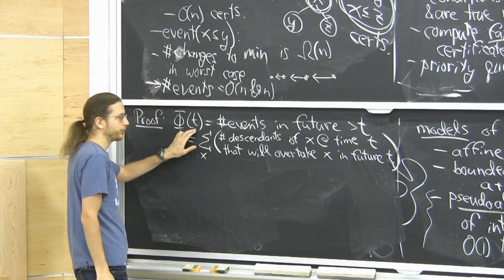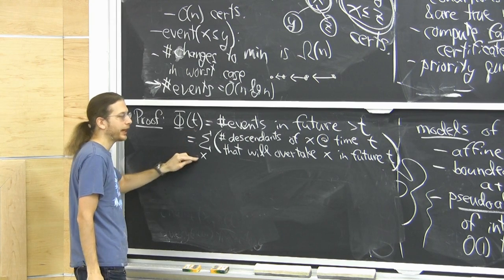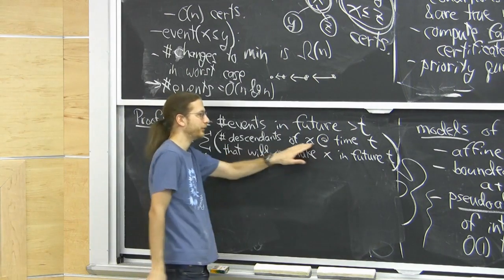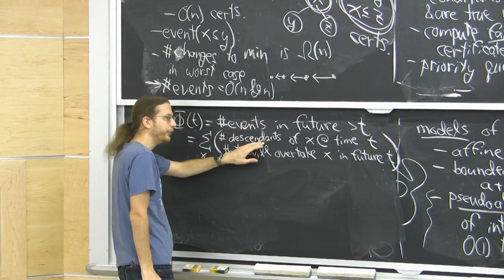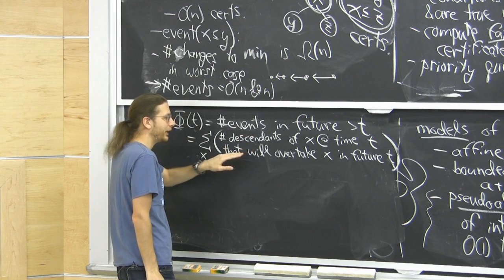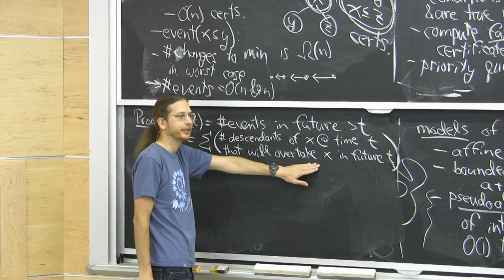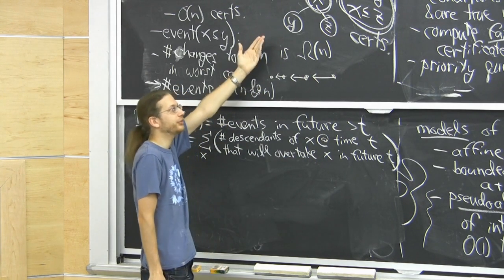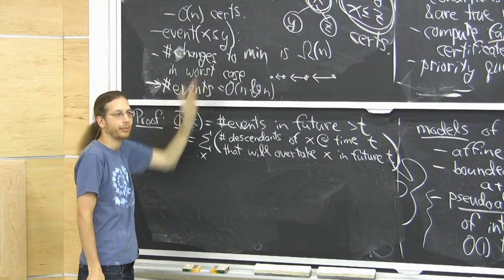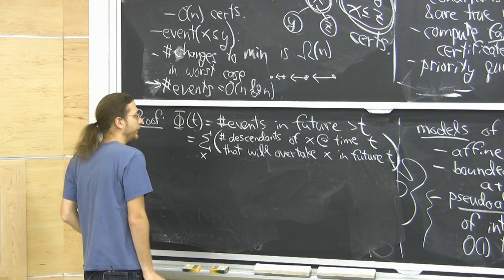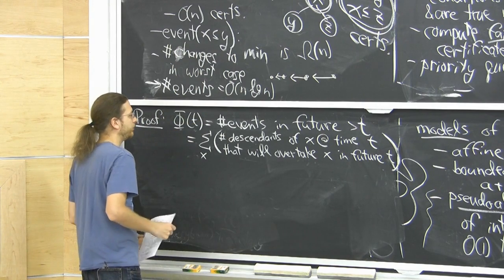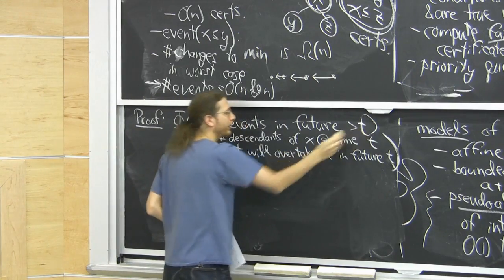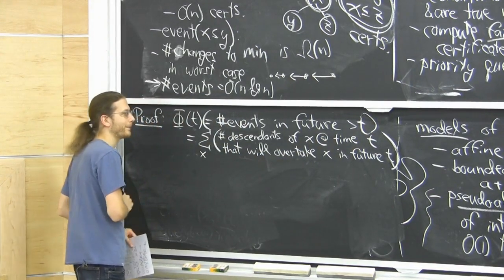And we're thinking about the potential at time t. So x is in some node, and which node it is in changes over time. But at time t, it's in some node. I look at all the descendants of that node. I look at those items, and I see which of those items will overtake x in a future time. Those are the ones that I care about. When you overtake an ancestor, that's when an event happens. Okay, I claim these two things are equal. I probably don't even need to prove that. Okay, so this is in parentheses. Don't worry about these being equal. Think of this as the potential function.